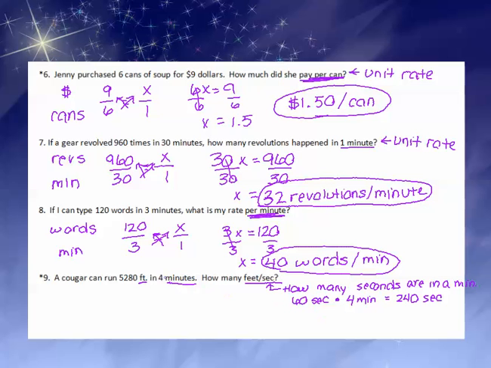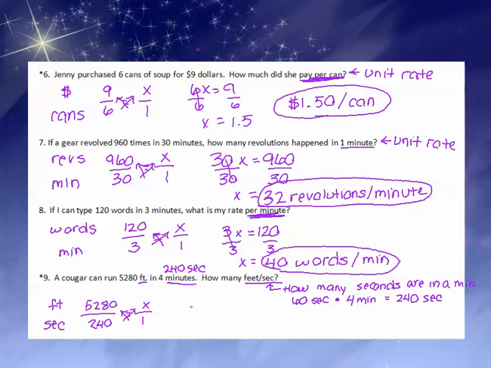So now that I've converted this 4 minutes into 240 seconds, now I can set up my unit rate. So now I'm comparing feet to seconds, which is what we want in our final answer here. So I have 5,280 feet in 240 seconds, and I want to know how far in 1 second.